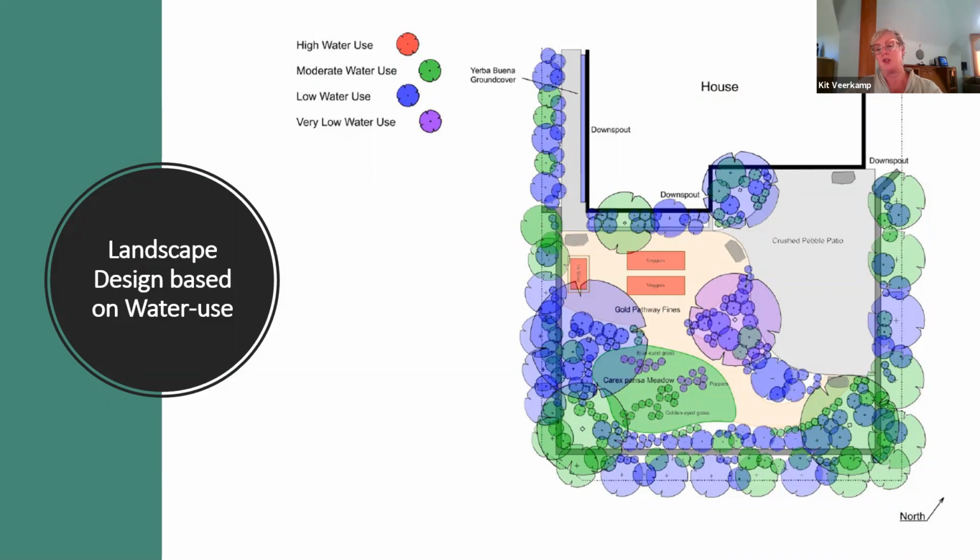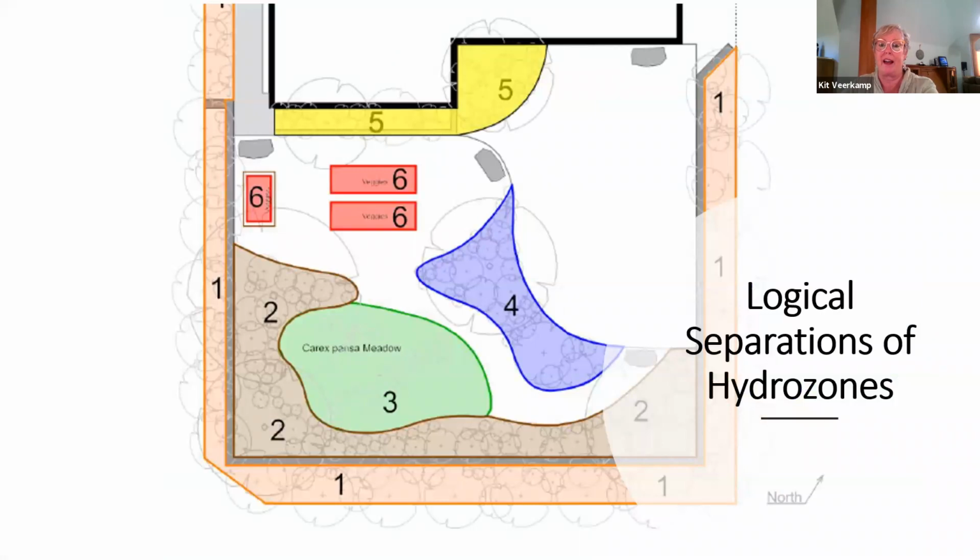So then what happens is you're overwatering the low water use plants, or if you're watering for the low use, you're stressing out your moderate use plants. So where you can control this, and I'll talk a little bit about that, separating out again.